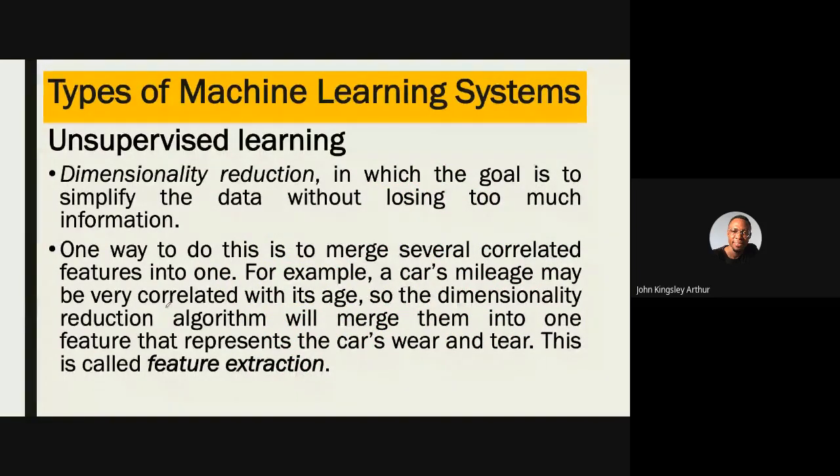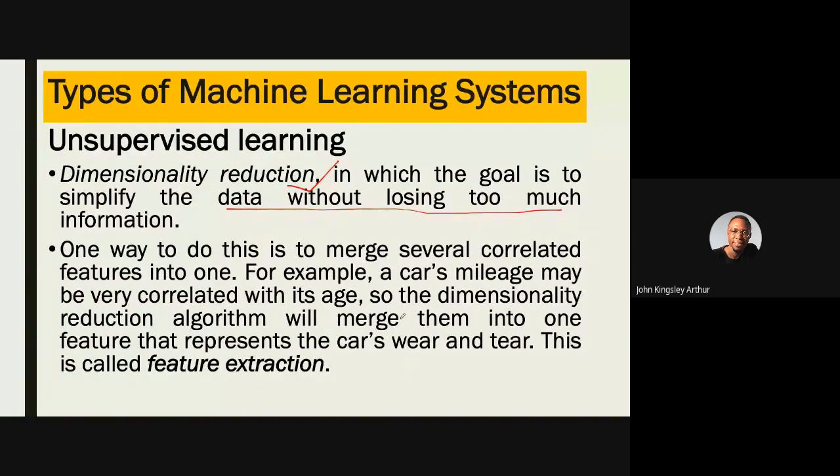Okay? One of the very good uses of unsupervised learning is dimensionality reduction. Now, the very essence of dimensionality reduction is to simplify data without losing too much information. So we take, for example, a car's mileage, which may be very correlated with its age.